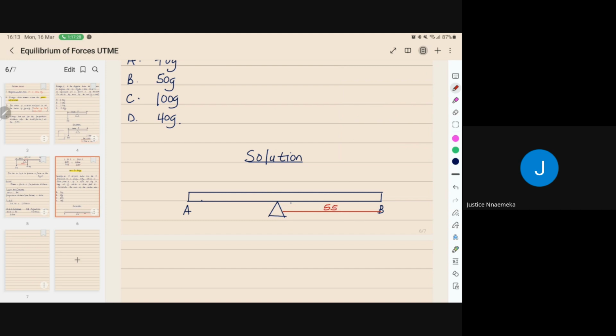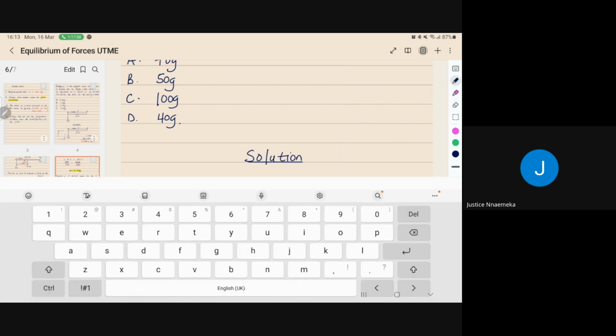Now, remember that the weight of the object is going to act at the center, right? And that center should be somewhere here. That will be W equal to mg. Now, what does that tell us? If the weight is acting at the center, 50 centimeter, because that length is 100.